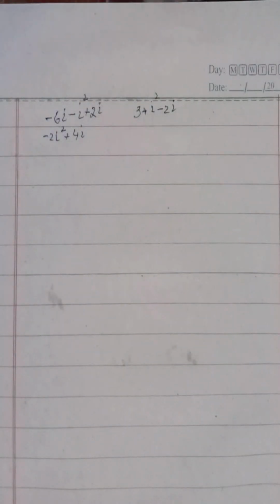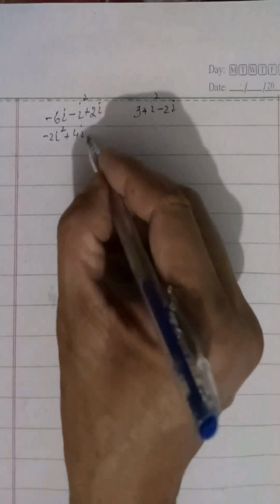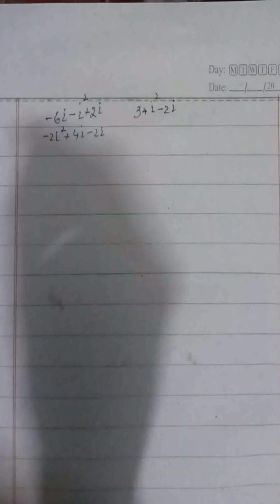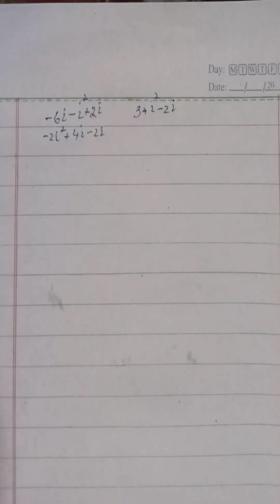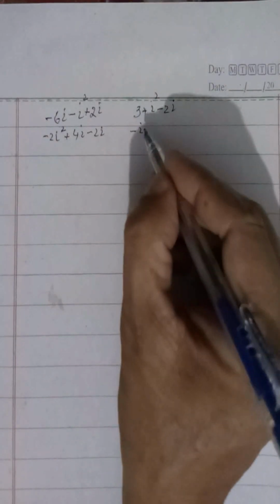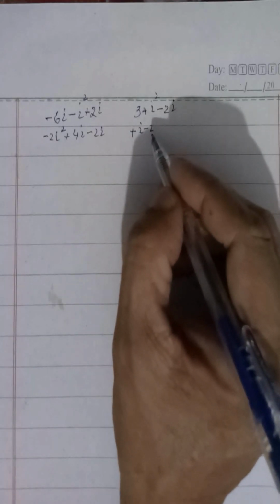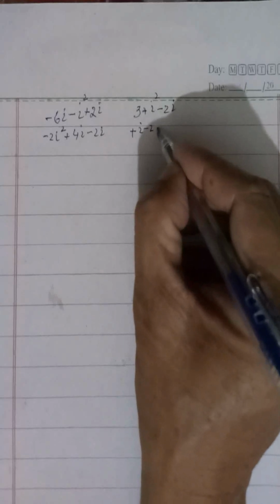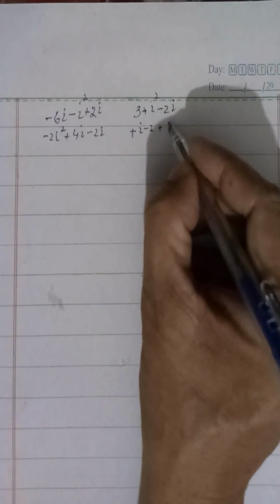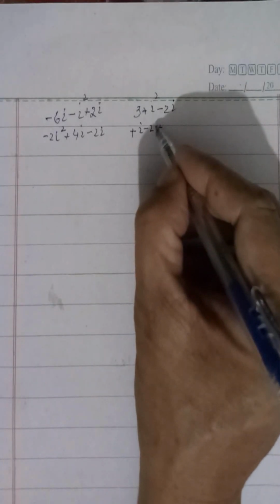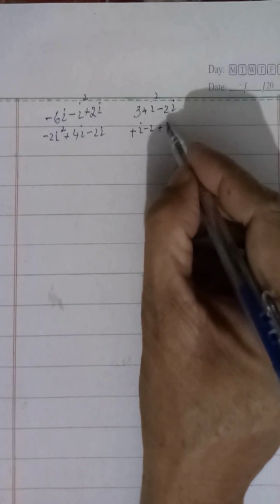And the next is plus 2 into minus iota is equal to minus 2 iota. Now multiply the second row with the second column, we get minus 1 multiply minus iota plus 2, we get minus iota, plus iota minus 2, and next the 2 multiplied by iota is equal to plus 2 iota.